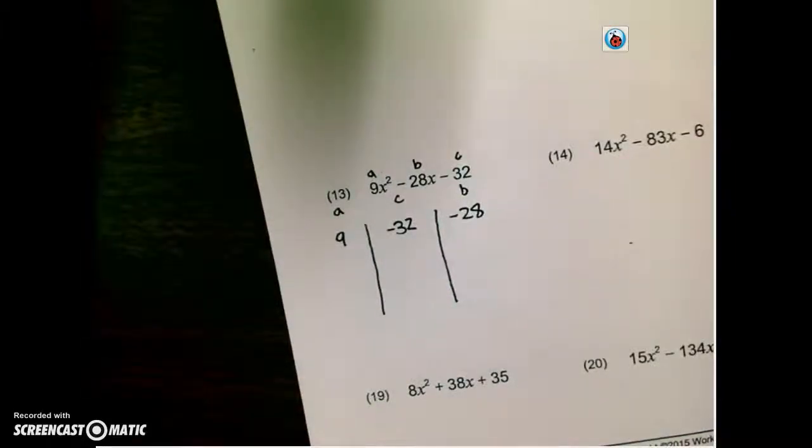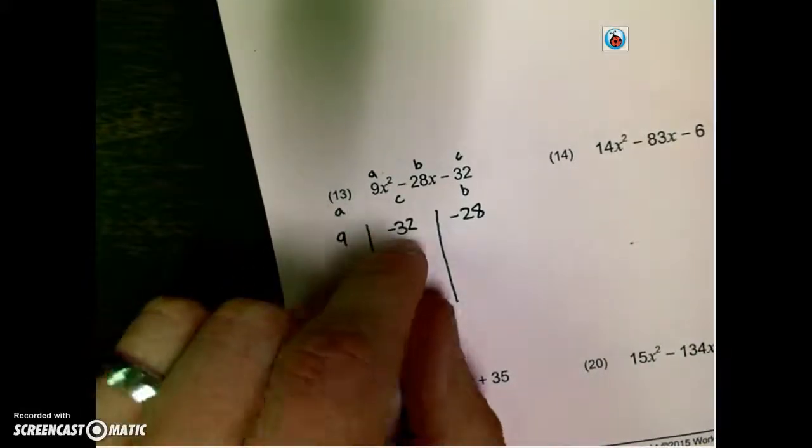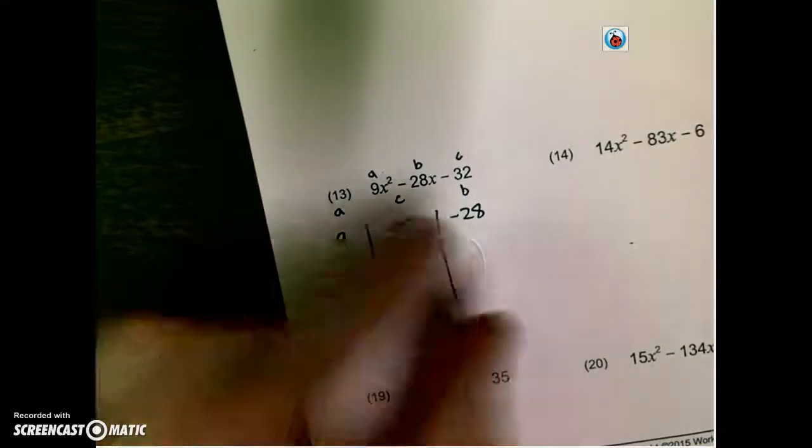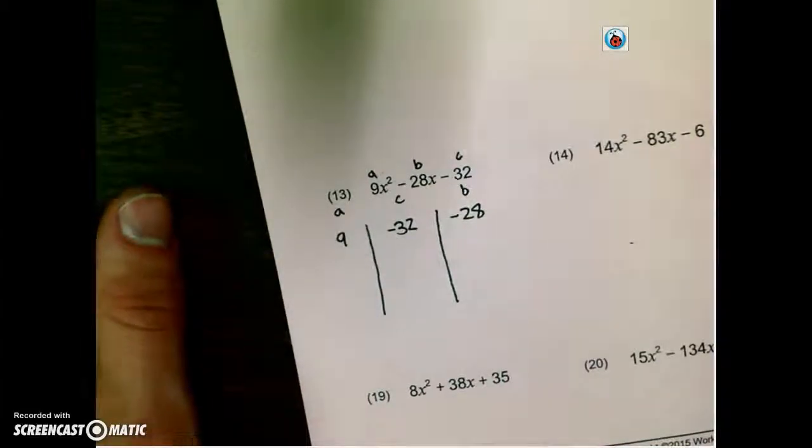Now what we're looking to do is make our factors of 9, our factors of 32. We're going to be looking for the combination that adds up to give us a negative 28. So I'll go ahead and complete this list for us.